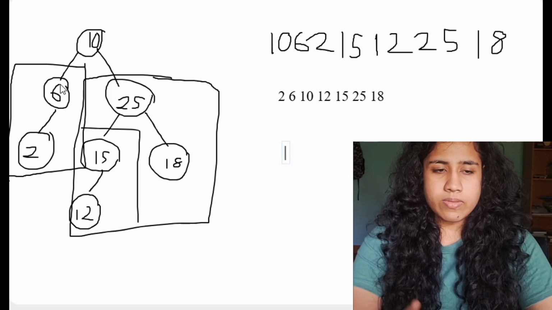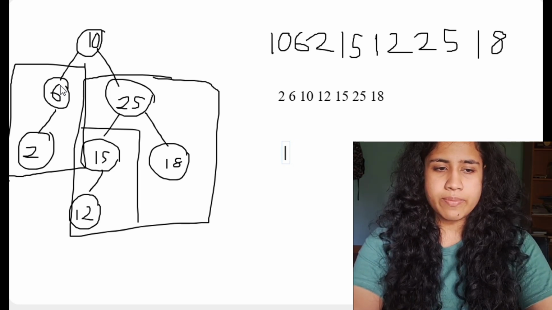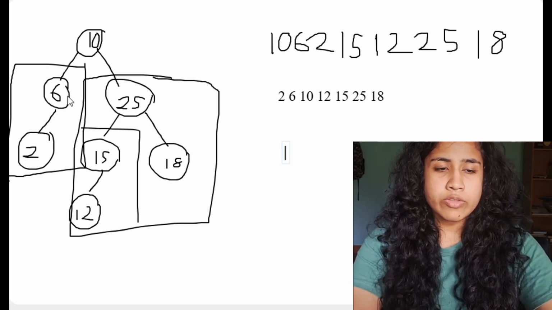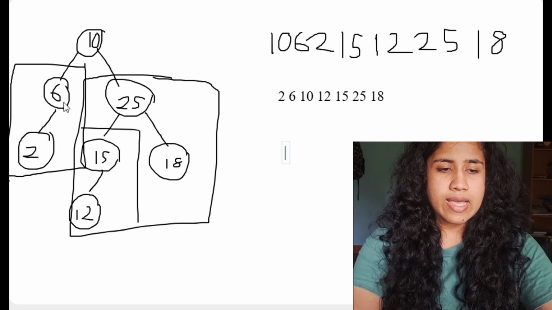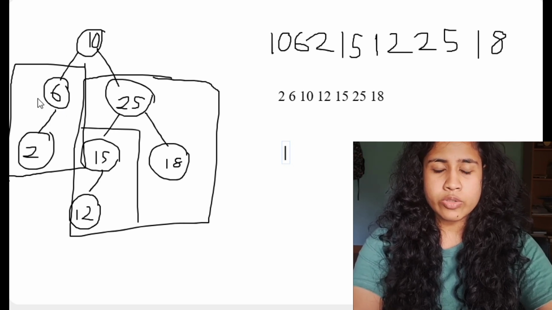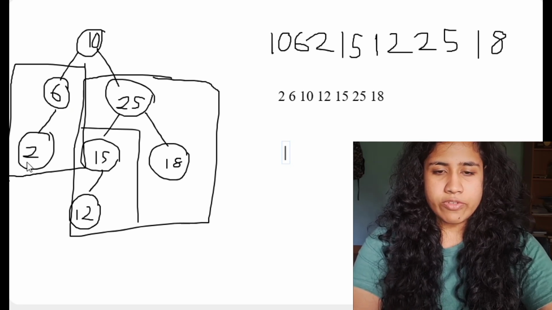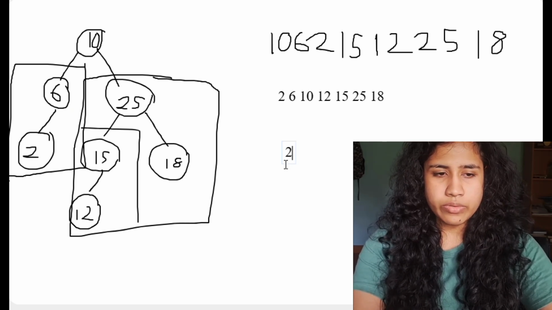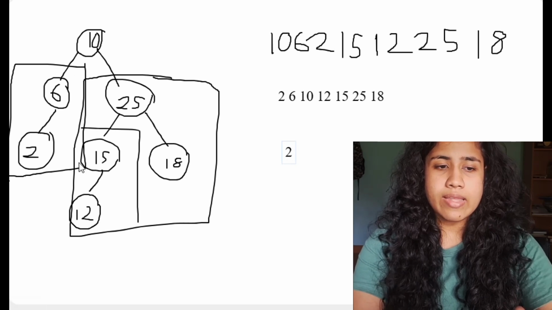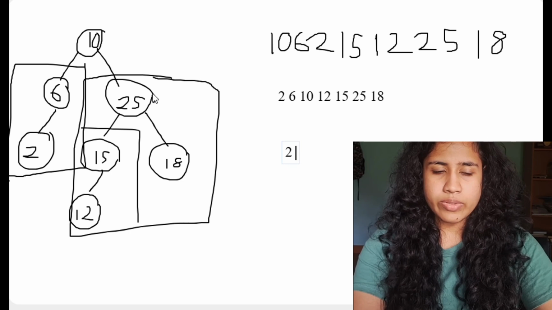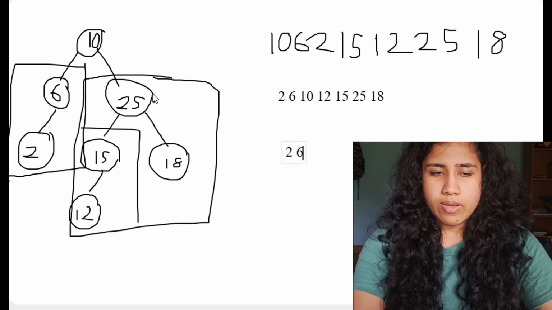But 6 is not the leftmost child since it has a child. So we go to 2. 2 is the leftmost since it is a leaf node. So starting with 2, then we check whether this subtree has a right child. Here we don't have a right child, so we write the root node 6.